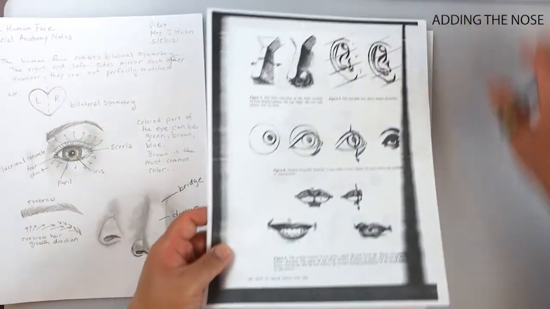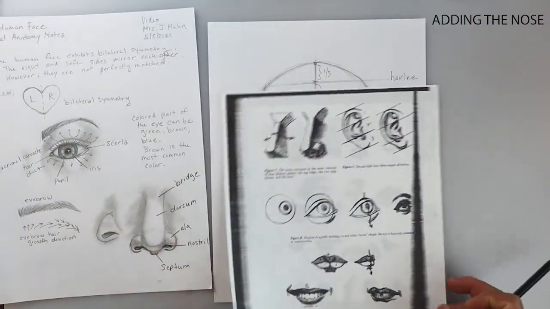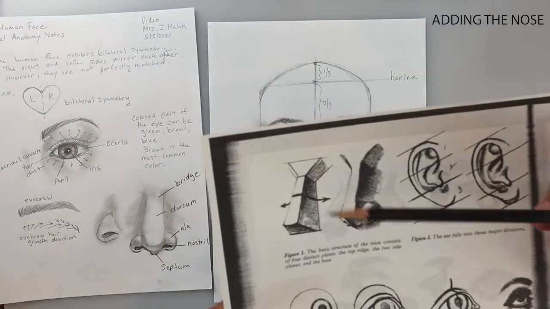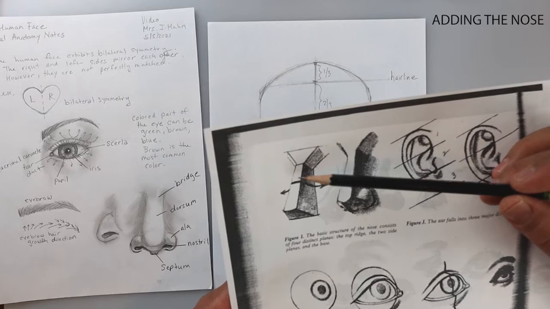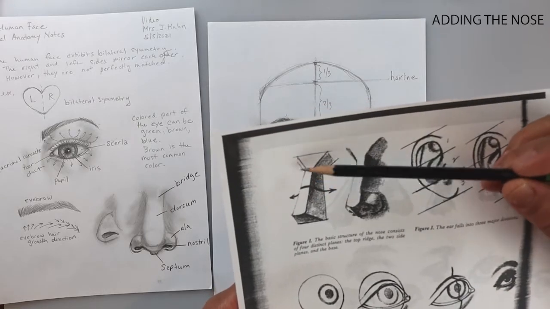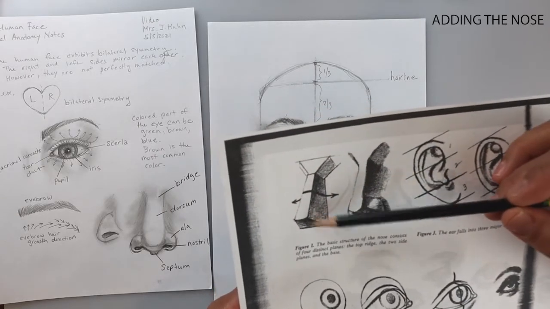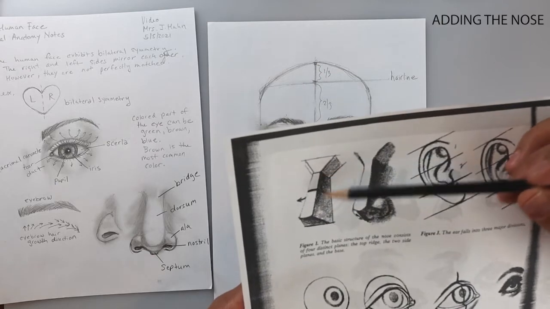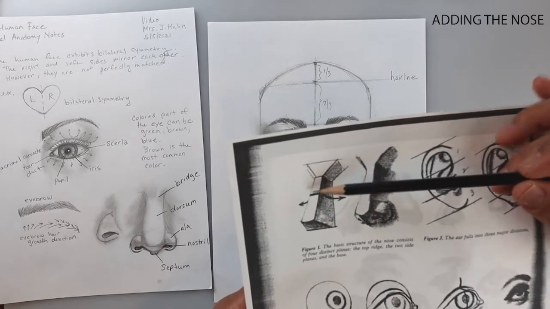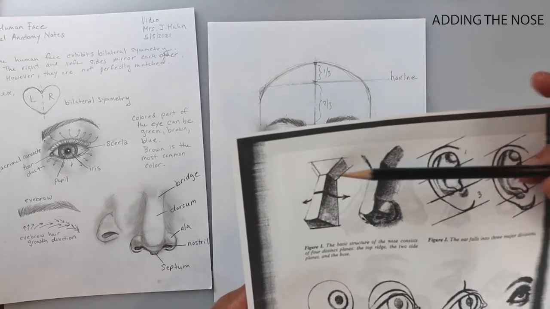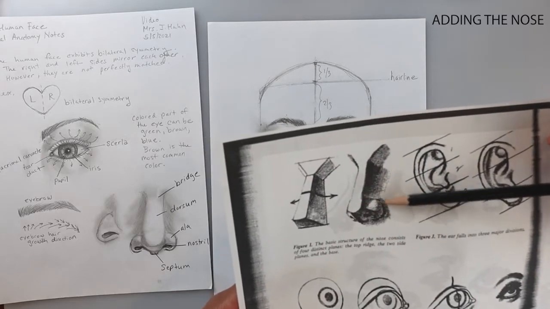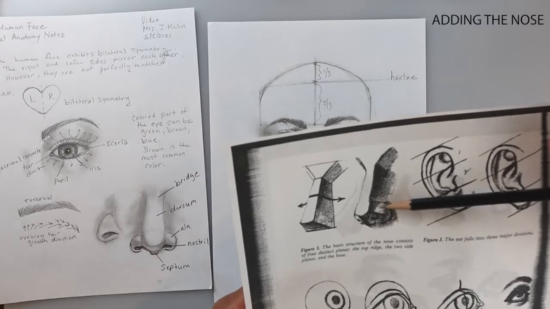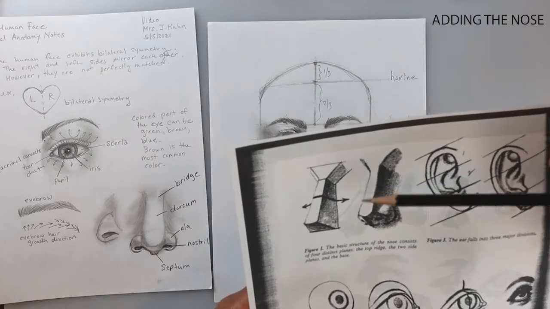So here's an example right here in this handout. You can see that the basic structure of the nose, they say, is the top and the two side planes, and then the bottom. So it almost looks like a rectangular box that's narrower at the top. But the nose has curves as well, so you have to create the nostrils on the bottom.